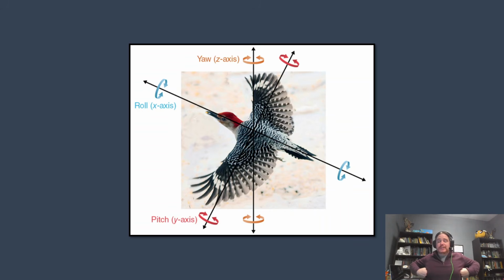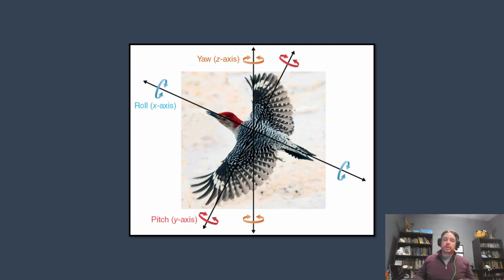The next is my yaw axis. That's if one wing or the other gets pulled back from the direction of my flight, outside of my vector of flight velocity. And then the last one is my pitch axis, which you can imagine as tilting forward or leaning back this way.